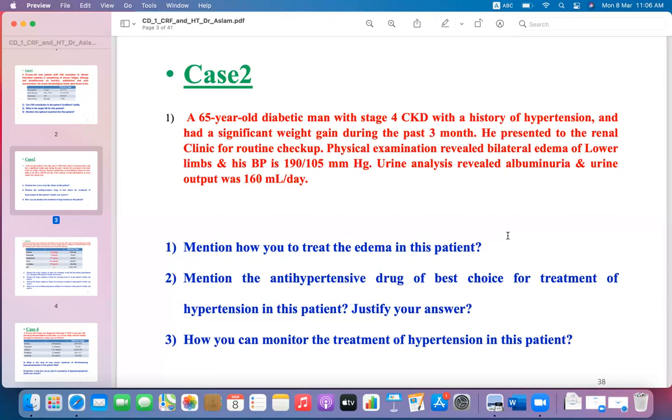The best choice here is angiotensin converting enzyme inhibitors or angiotensin receptor blockers, because the patient has albuminuria plus diabetes. That's why these drugs are significantly beneficial. And how can you monitor the treatment of hypertension in this patient? As we discussed, the monitoring requires kidney function tests from months to years and monitoring of hyperkalemia and albuminuria.